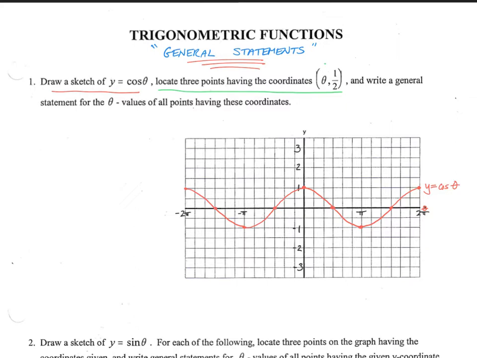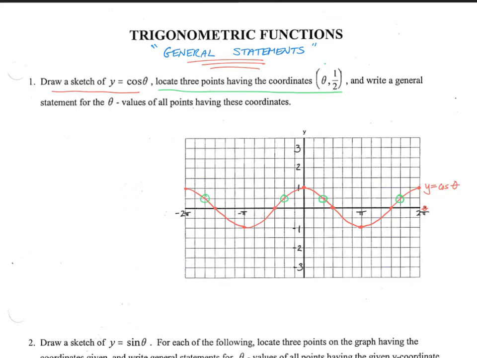Okay, pause the video, go to it. Okay, and we should be back. In that instance, maybe we looked across and said that this was a value of 1/2. We noticed that this was a value of 1/2. We also had a value of 1/2 at these points.